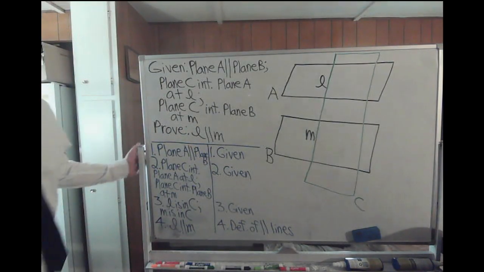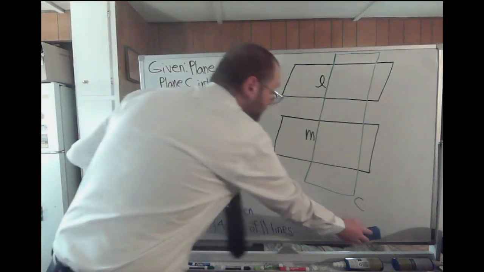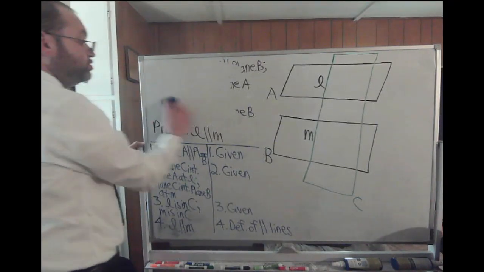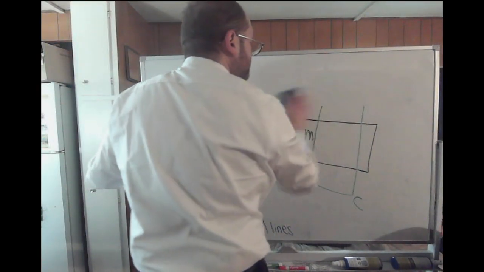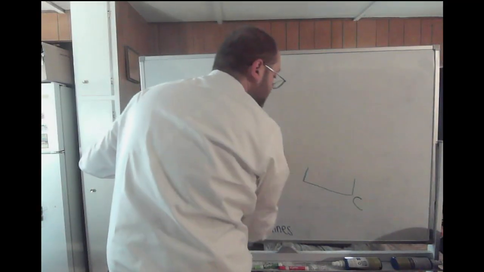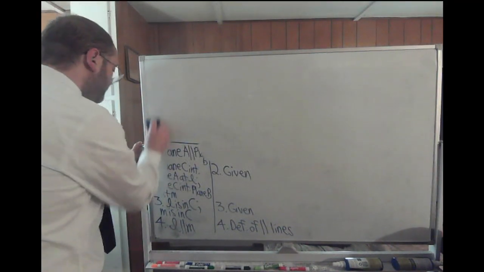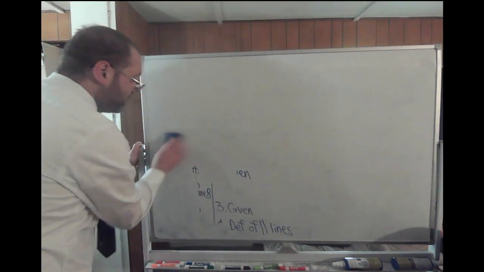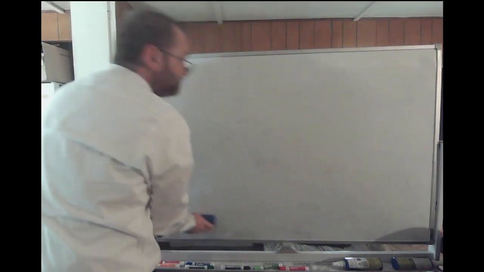That really wasn't. Not at all. But you have that in your toolbox now. You can use that for future proofs if you have something similar, that if two planes are parallel and a third plane cuts them, then the lines of intersection are parallel. You can actually use that in future proofs.